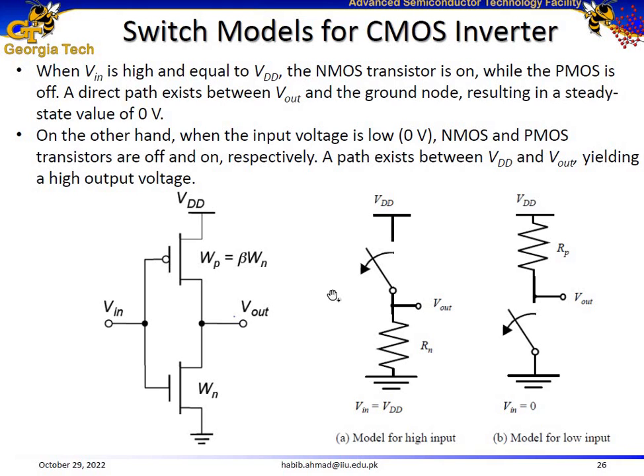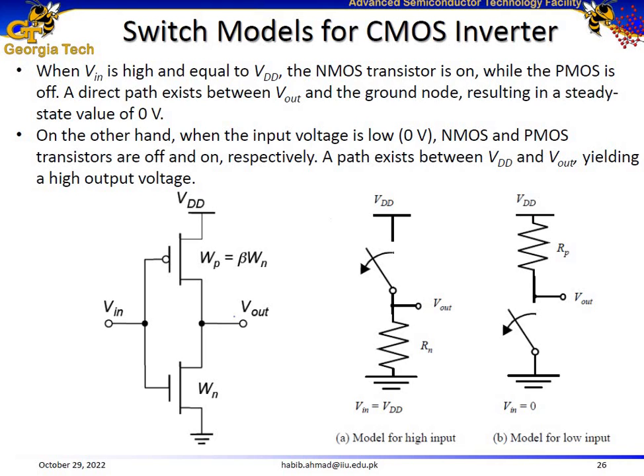For silicon, holes have lower mobility, I think 450 centimeters square per volt second. For silicon, electrons have mobility of 1500 centimeters square per volt second.